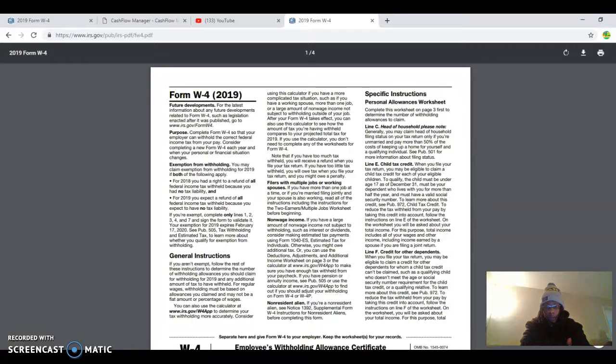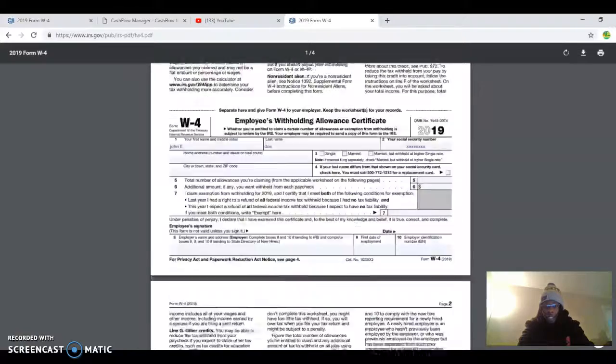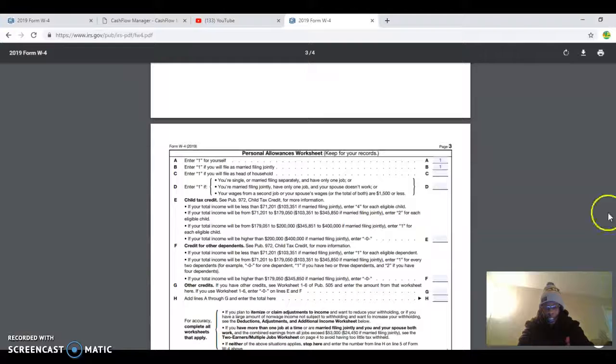See publication 501 for more information. Okay, so I cannot mark 1 for head of household because I am married. It said if you're married, you cannot enter that. So I would enter a 0 right there, but for you, it may be different.